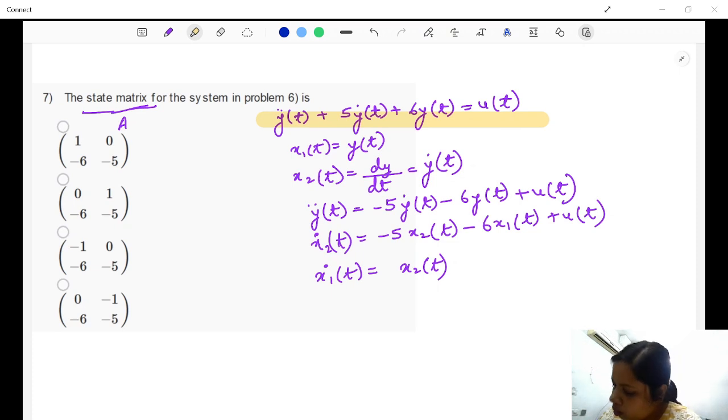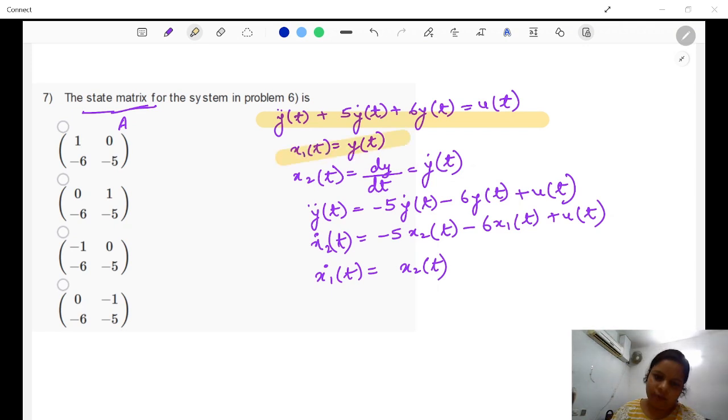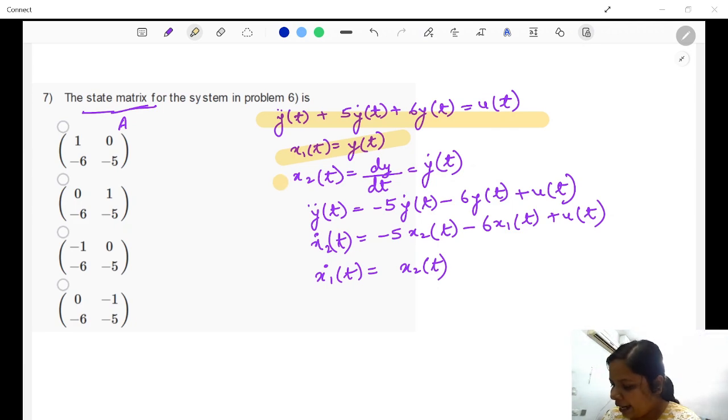So it is some differential equation in y. The first state variable that I'll define is y t only. The second state variable I'll take to be a derivative, because if I take the derivative it becomes y dot t. Now I know that if I take the derivative of x2, I'll get y double dot t, which is required over here.